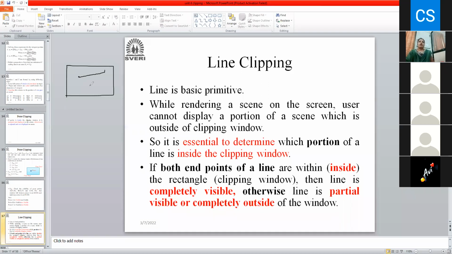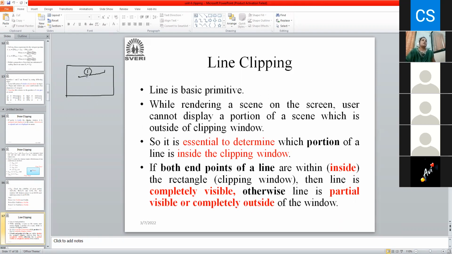So we are saying that the whole line is visible. That is the first type of line, that is completely visible. If both endpoints of a line are inside the rectangle or clipping window, then the line is completely visible.